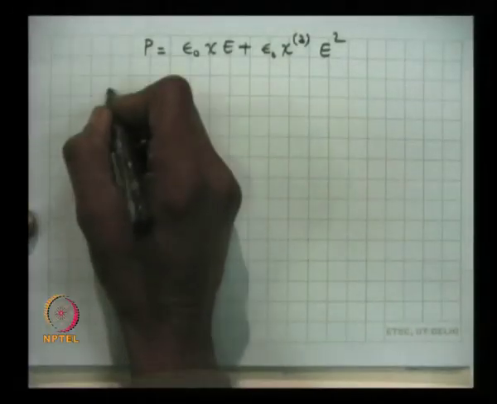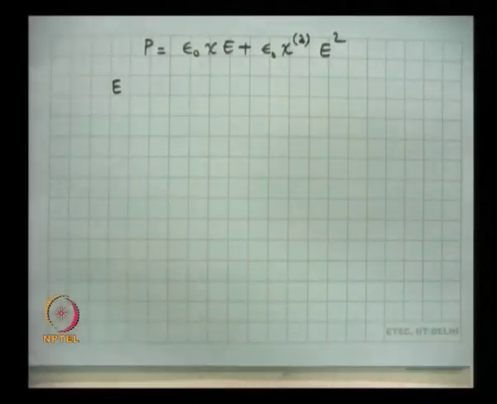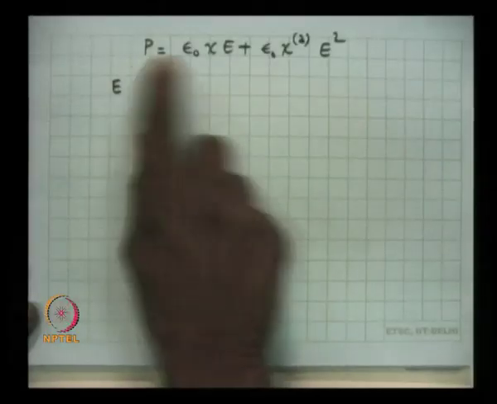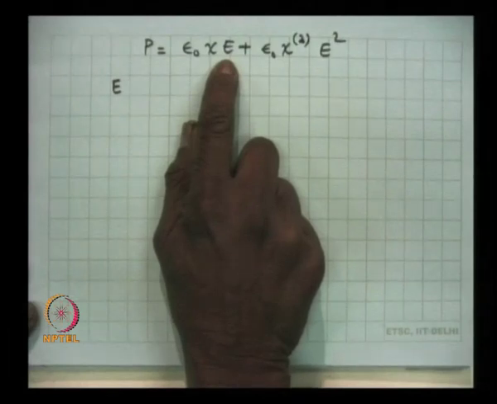Okay. So, let me look at this equation. Before I do this, please note that because the equation is nonlinear, I should not use complex expressions, because as I told you in the beginning, the sum of real parts of two complex numbers is equal to the real part of the sum of the two complex numbers.